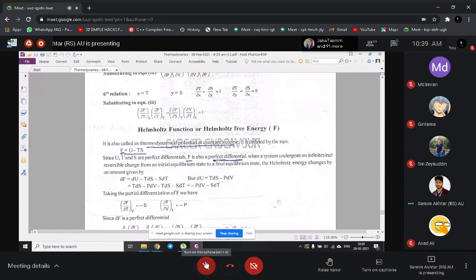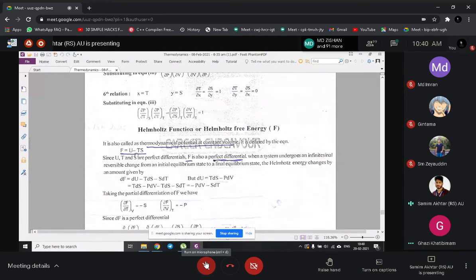Basically, F is the Helmholtz free energy. This thermodynamic energy is written as U minus TS. U is the internal energy, T is the temperature, S is the entropy. So whenever you subtract the TS amount from the internal energy, that gives us the Helmholtz energy.